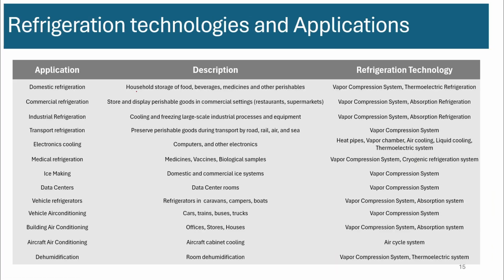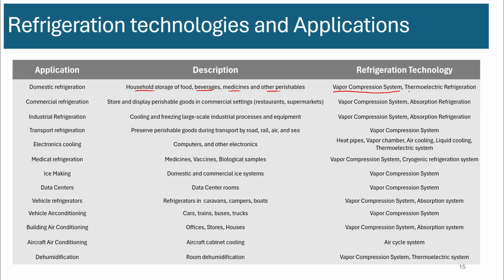Your storage of food, cold beverages, medicines, and other perishables in your house. And what is the technology that is mostly used? I would say more than 95% of the time, the technology used is the vapor compression system.